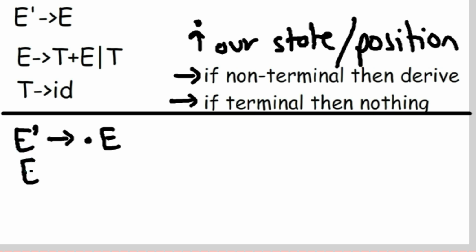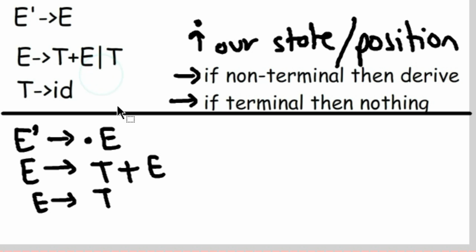By looking at this E, which says E tends to T plus E, and don't write or, instead you have to write E tends to T. So you just separate this or symbol into two different productions. So now we derived this E into these two productions.